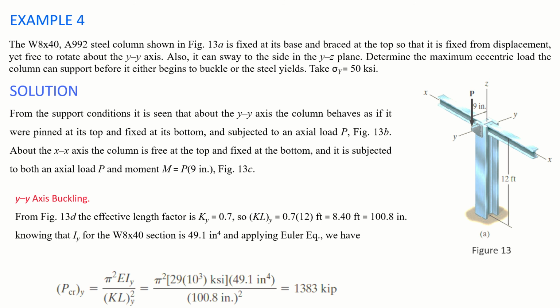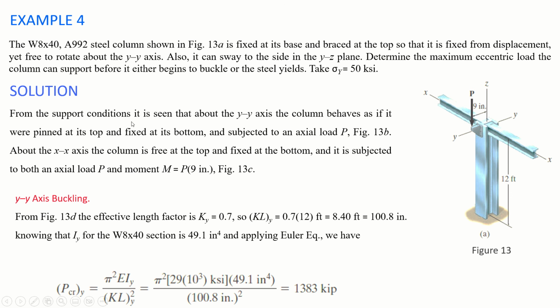Determine the maximum eccentric load. Now the load is applied at 9 inches from the centroid, before the column either begins to buckle or the steel yields, and the yield stress is 50 ksi.